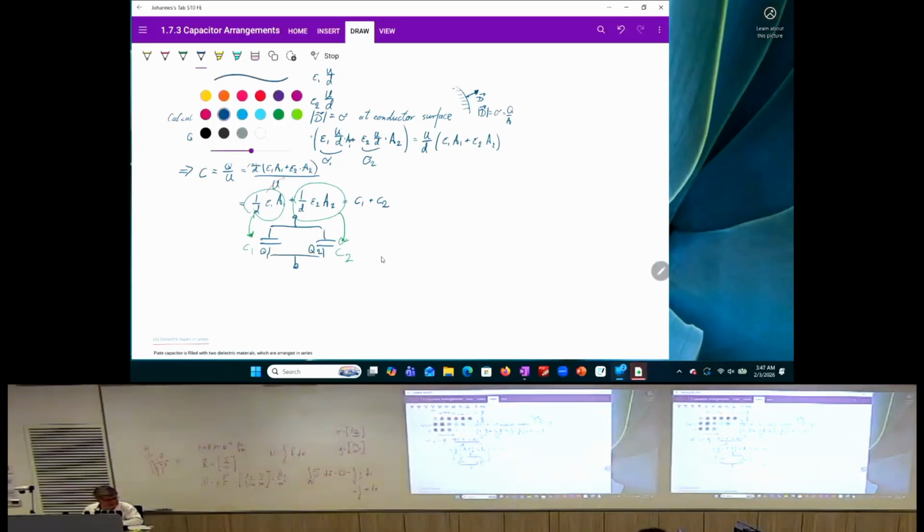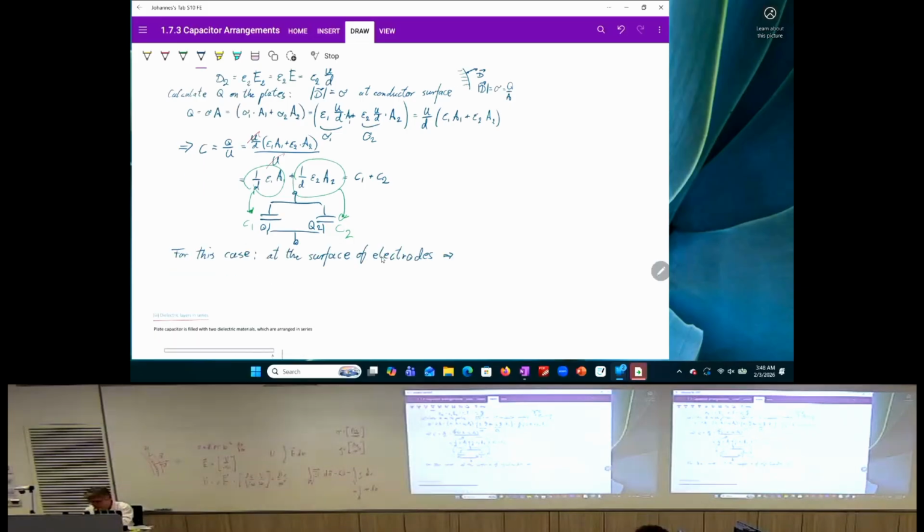In this particular case, at the surface of the electrodes, the charge densities are splitting according to the capacitance. So in the one region you have a surface charge density sigma 1, while in the other one you have a surface charge density sigma 2, and they are different from each other.